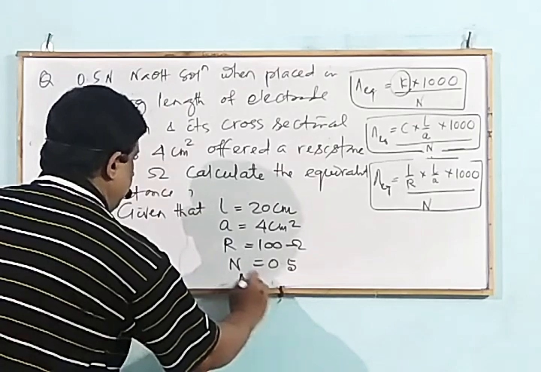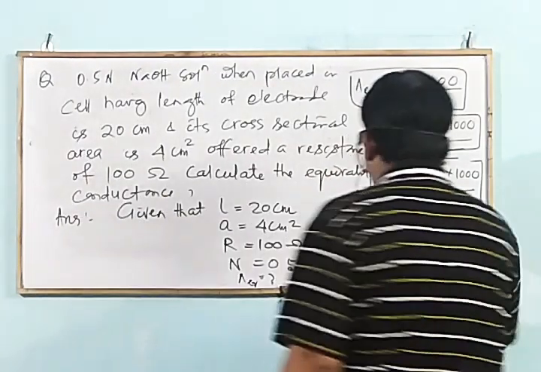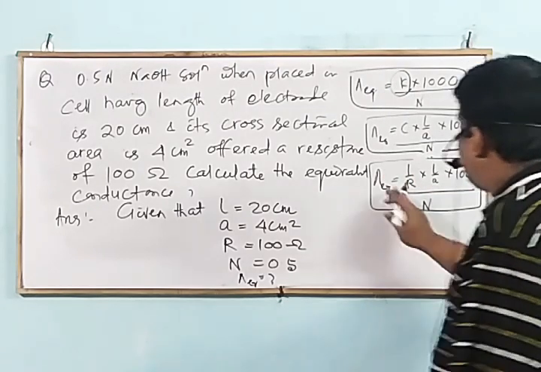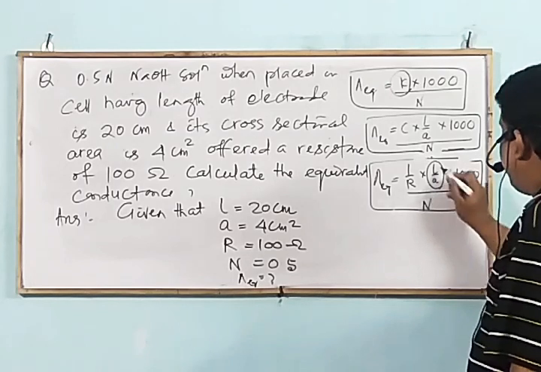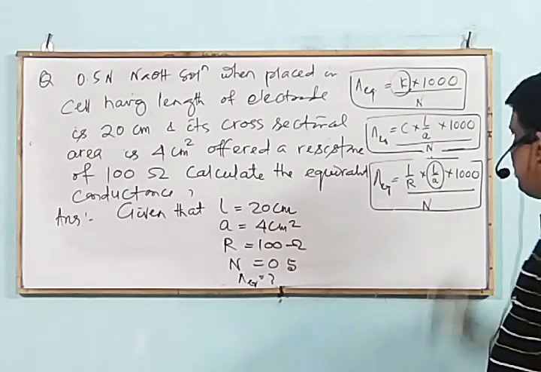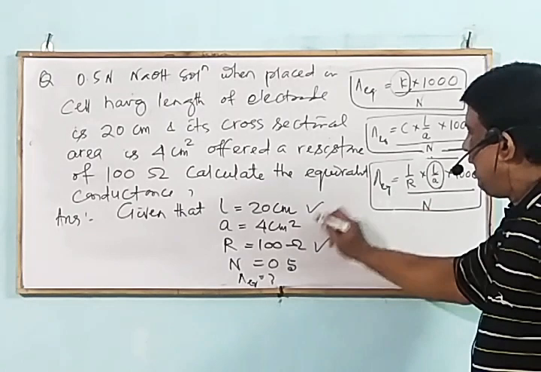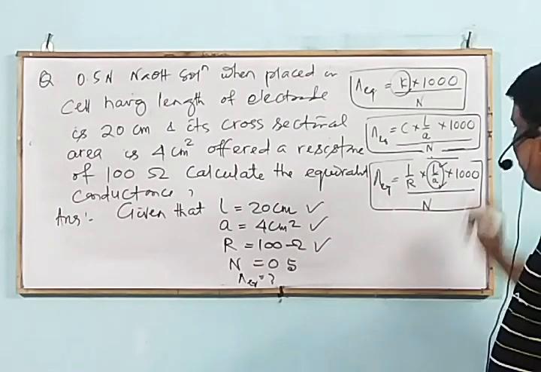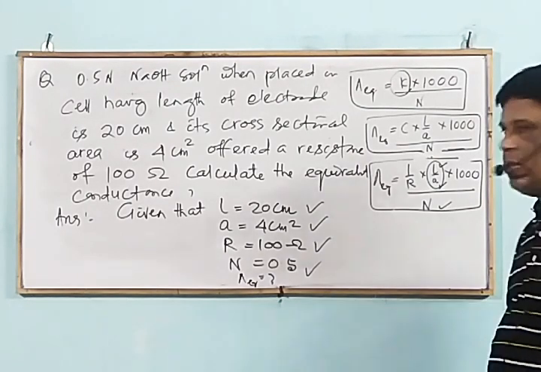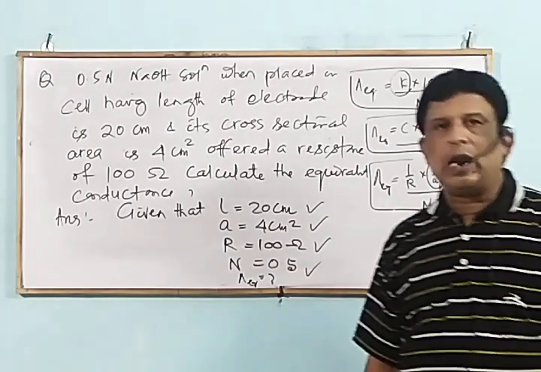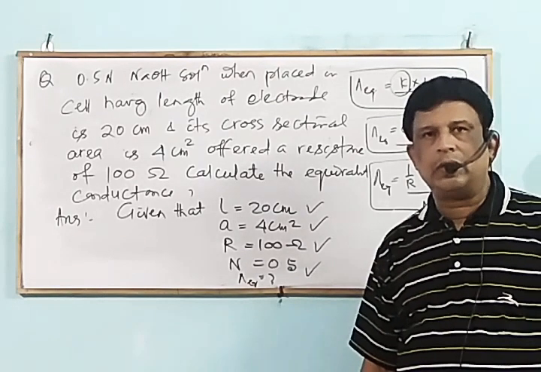Lambda eq is equal to question mark. So our aim is to find the equivalent conductance. What is the equivalent conductance? 1 by resistance into L by A, that is cell constant, into 1000 by normality. Resistance given, L given, A given, and normality given. So by putting these values, one is able to calculate the equivalent conductance of the electrolytic solution.